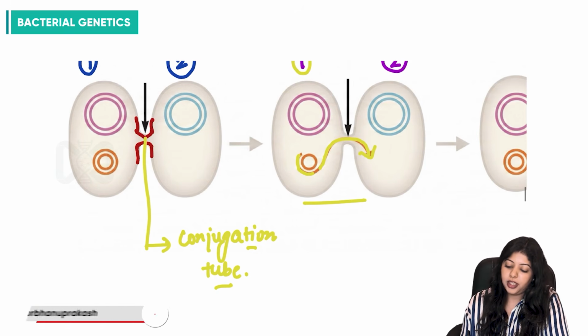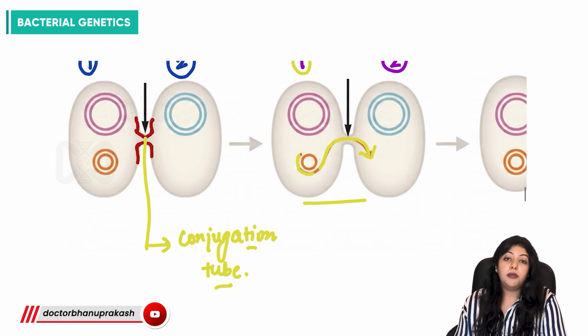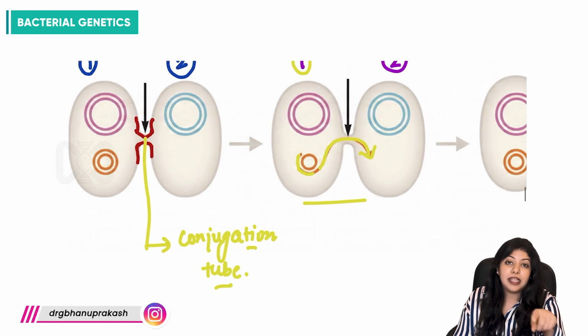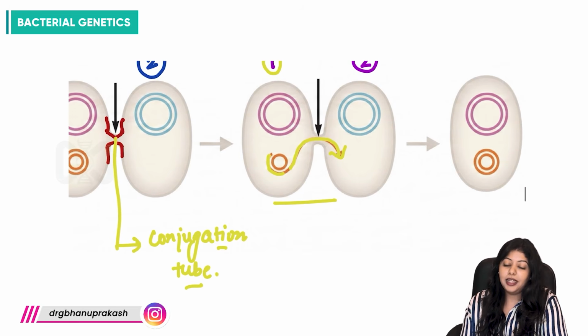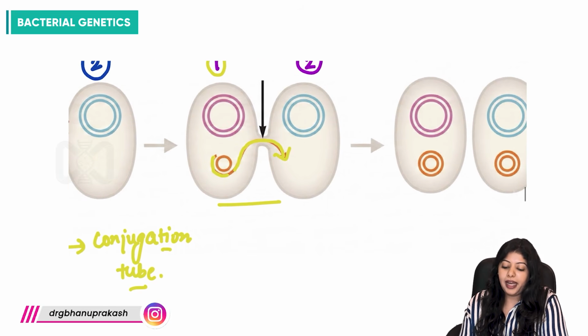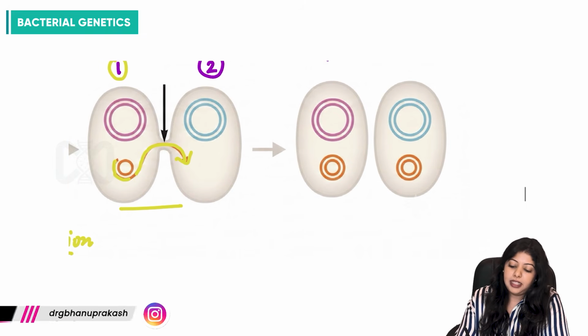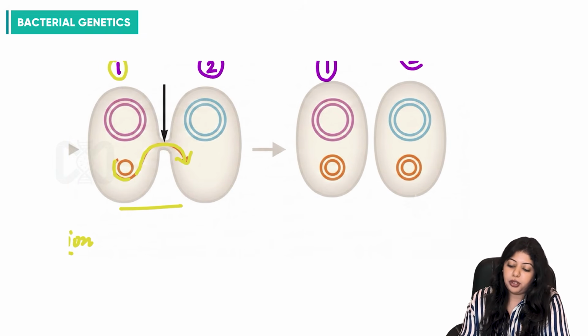So this genetic material has been transferred. Remember that it is not getting degraded, or strands are not getting less in amount, but they are replicating, right? So the strand gets replicated and it gets very well transferred from bacteria number 1 to bacteria number 2.